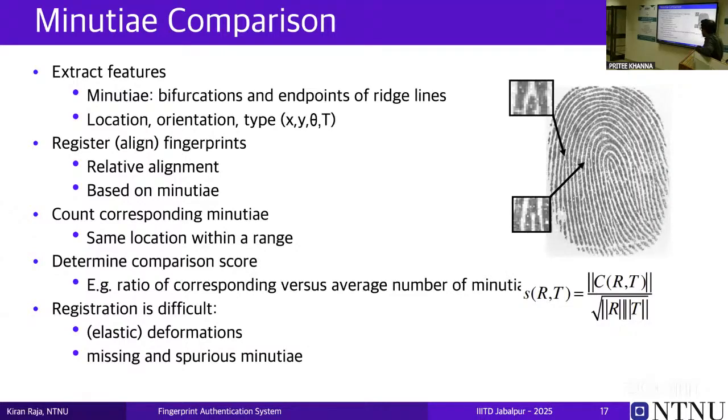And then there is also the other problem, right? Sometimes you might have missing minutia. Sometimes you might have spurious minutia. The spurious minutia might come just because your fingerprint is being captured after a previous capture, and there might be another line that is coming out here, and this line might be causing a spurious minutia. Okay, so these are some common problems, but then the comparison remains very standard.